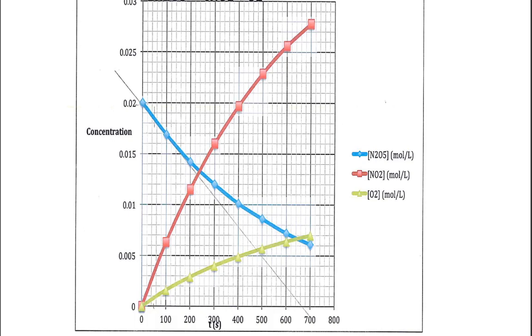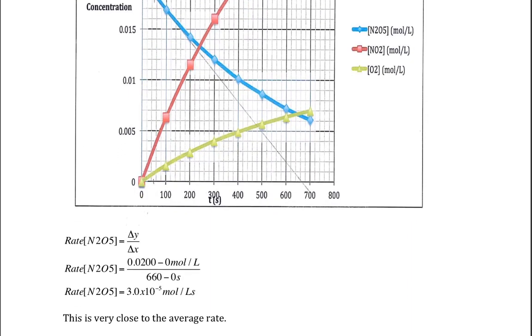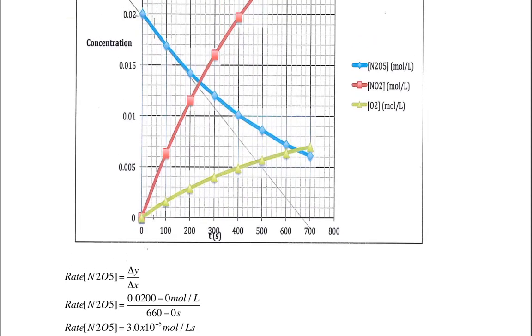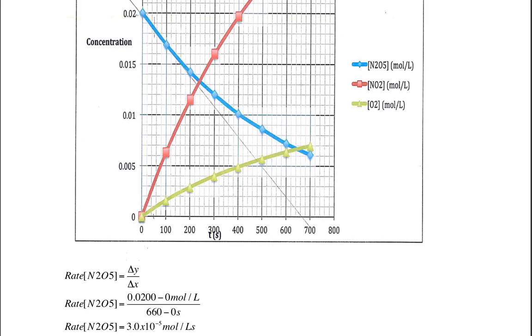Now what we have to do is determine the slope of that line. That's the rise, the concentration change, divided by the run, the time change. So we have delta y over delta x. Looking at the values I saw on the graph, I did 0.02 minus 0 for the concentration change, divided by 660 minus 0 for the time change, and got the rate of N2O at 50 seconds to be 3.0 times 10 to the minus 5.